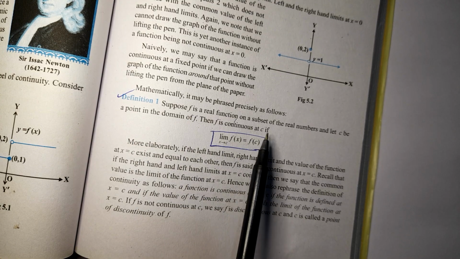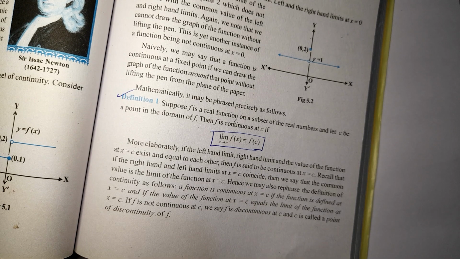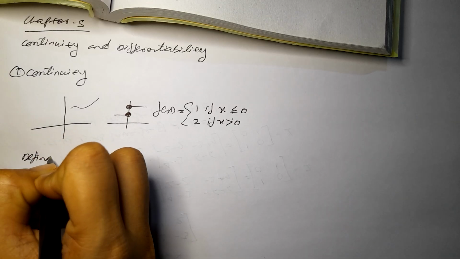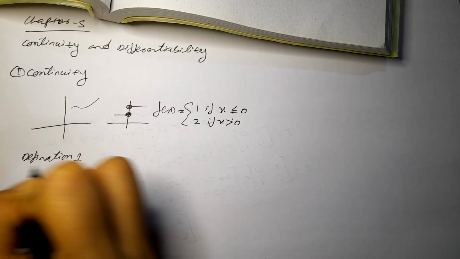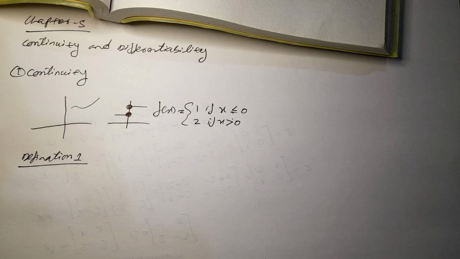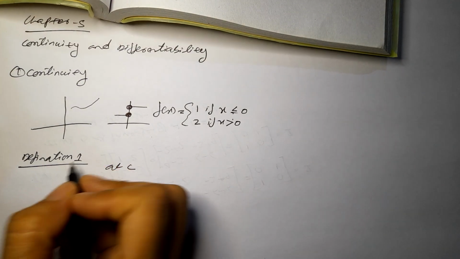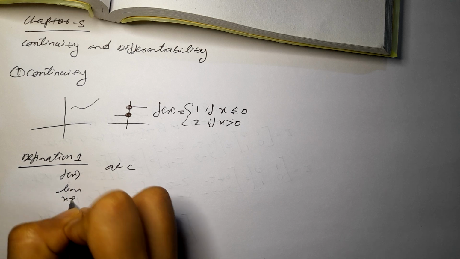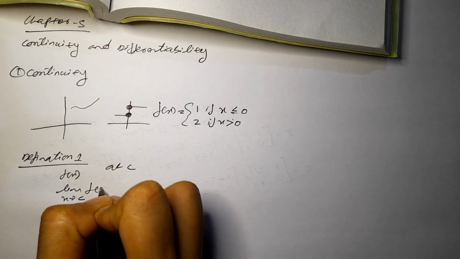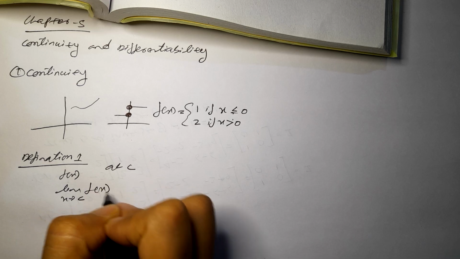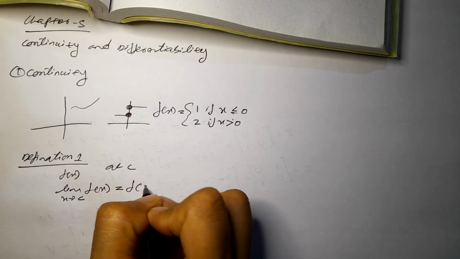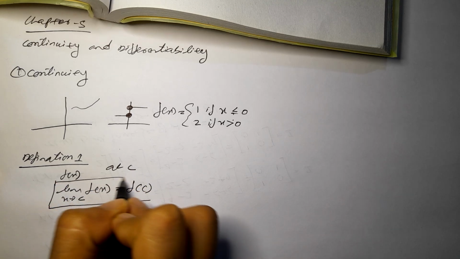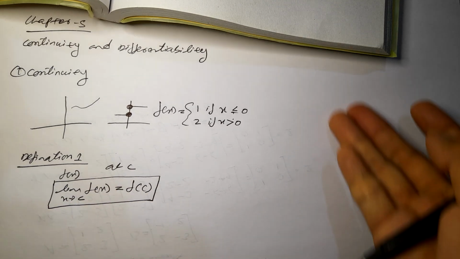Then f is continuous at c if the limit of f(x) as x tends to c is equal to f of c. If these two are equal, the function is continuous. This is the first definition.